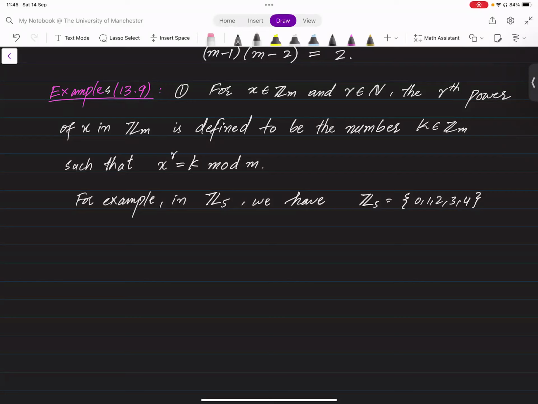In Z5, if there is 0, we are saying all those elements whose remainder is 0 if we divide by 5.